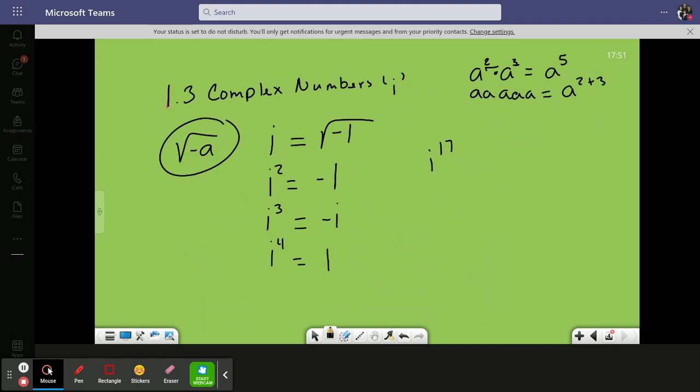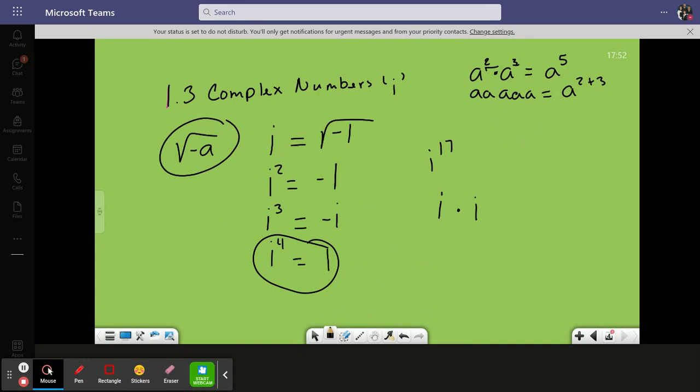So I'm going to do this backwards. I want to break this into 2 different i's. I want my biggest multiple of 4, because 4 is my golden child right there, because 4 gives me a 1, right? So what's my multiple of 4 that's less than 17? What's the biggest multiple of 4? 12. I can go one more. 16.